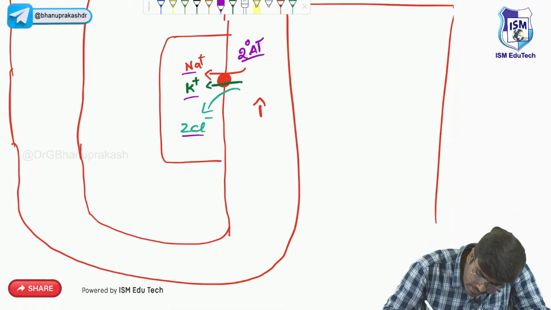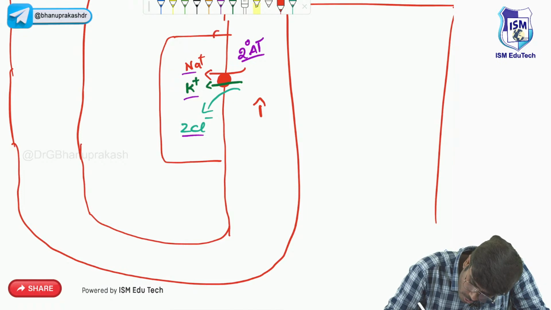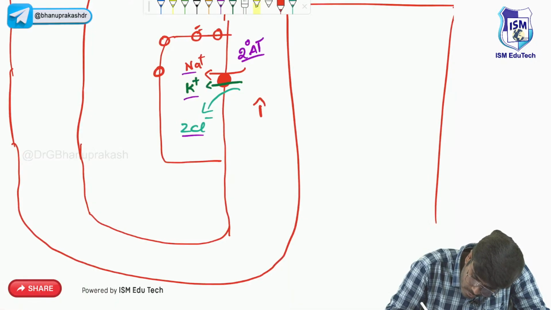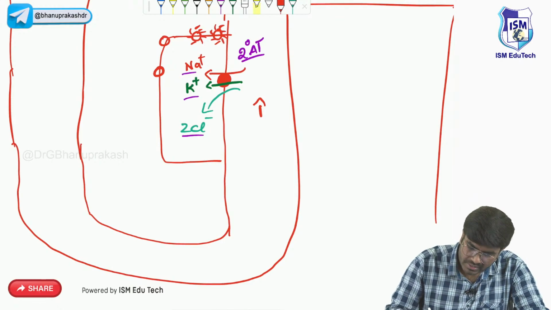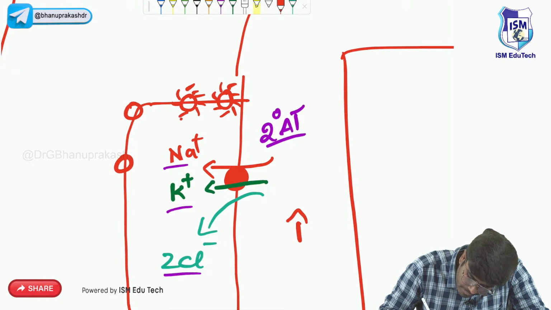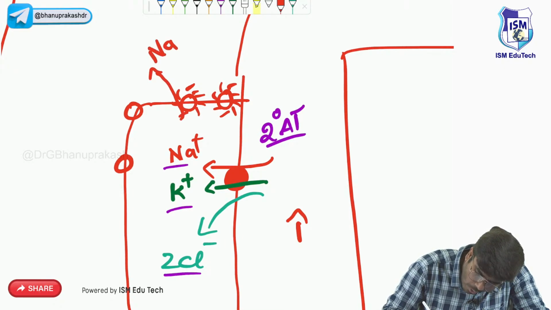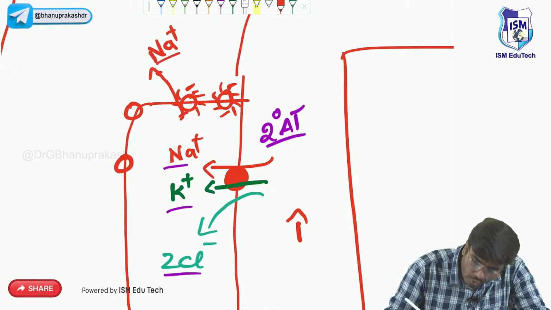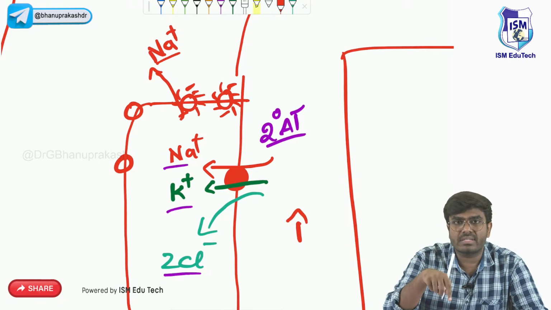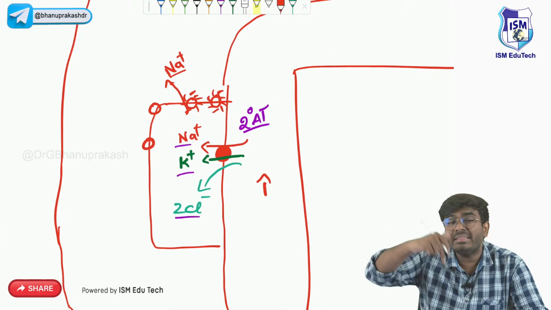If you ask me, sir, here also you have sodium potassium ATPases on the basolateral membrane. Now, what are the sodium potassium ATPases doing? All the time they will throw sodium out of the cell. Now, what happens to the sodium in the cell?